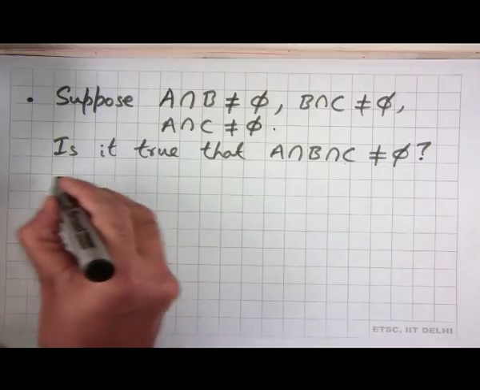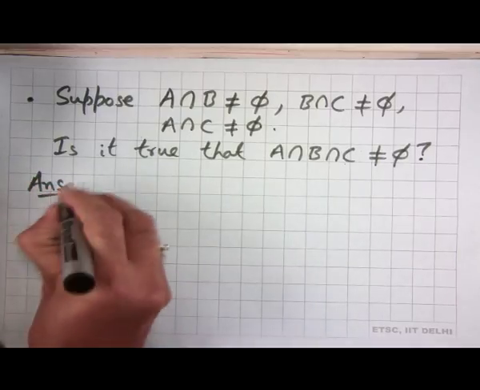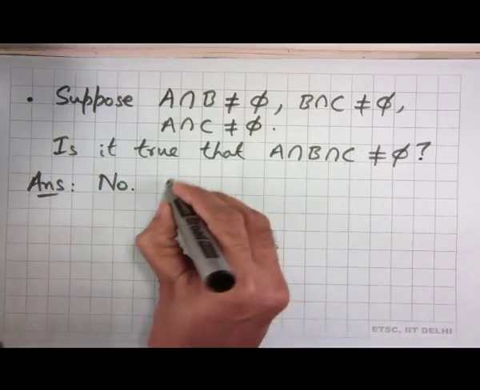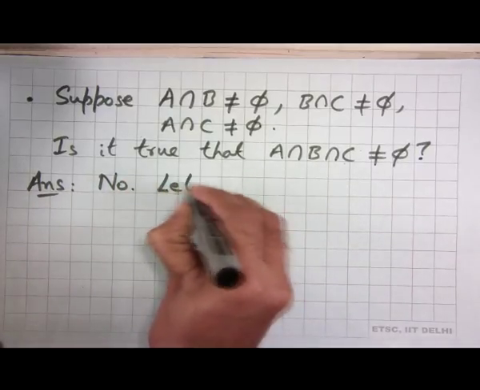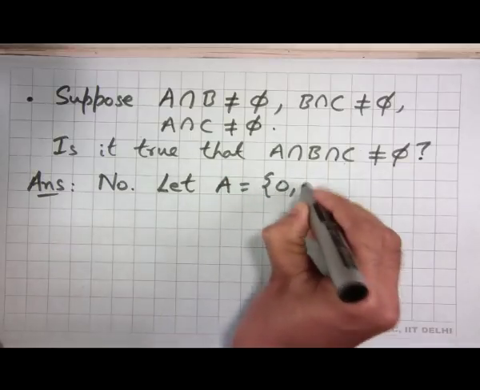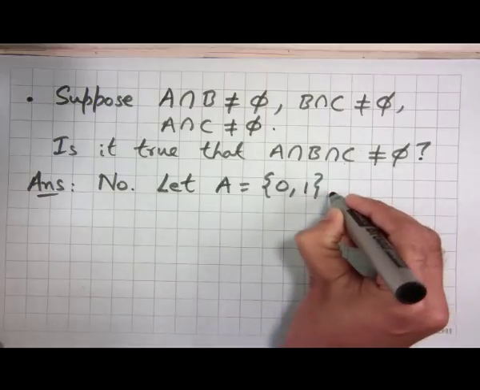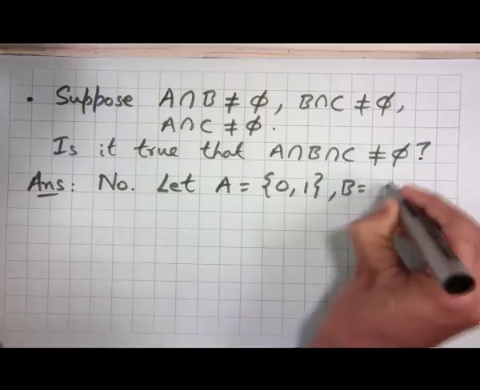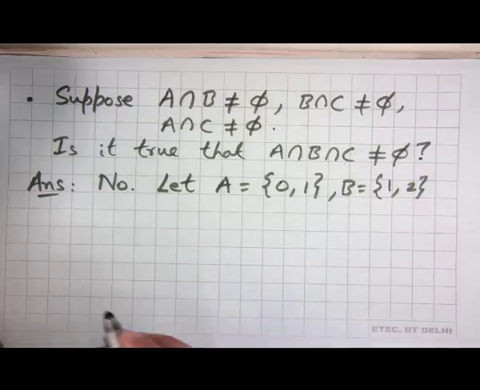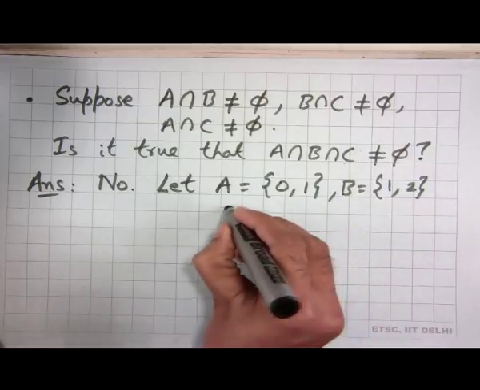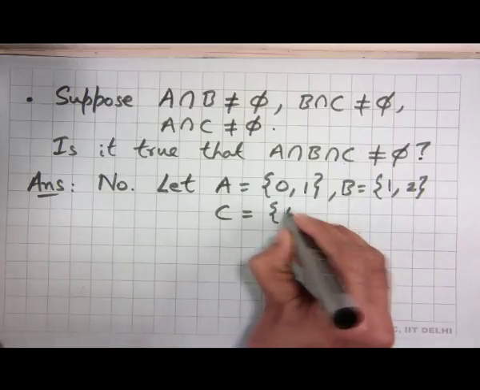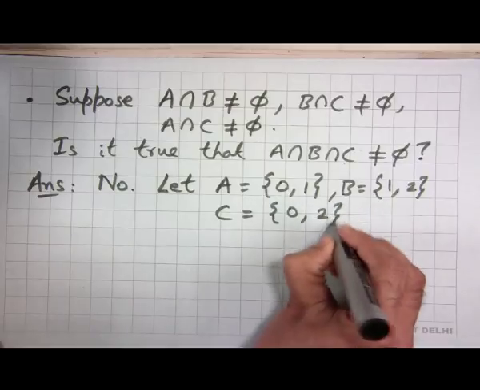So, the answer is no, because let us take this example. Let A be equal to the set containing only 2 points 0 and 1, B is equal to 1 and 2, and C is 0 and 2. Right.